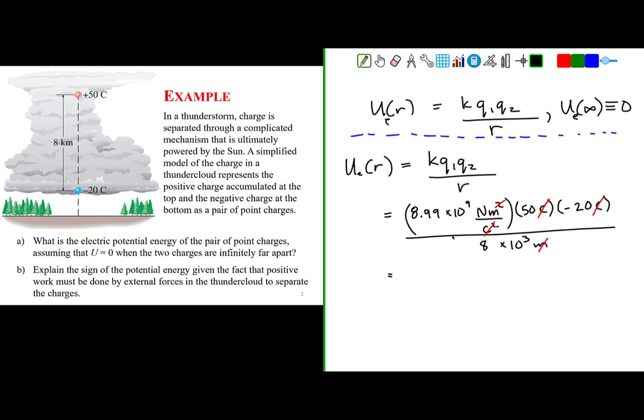Plugging this into my calculator, I get that there is minus 1 times 10 to the 9th joules of electric potential energy between the charges in our thundercloud. Minus 1 billion joules of energy. That's a lot of energy.